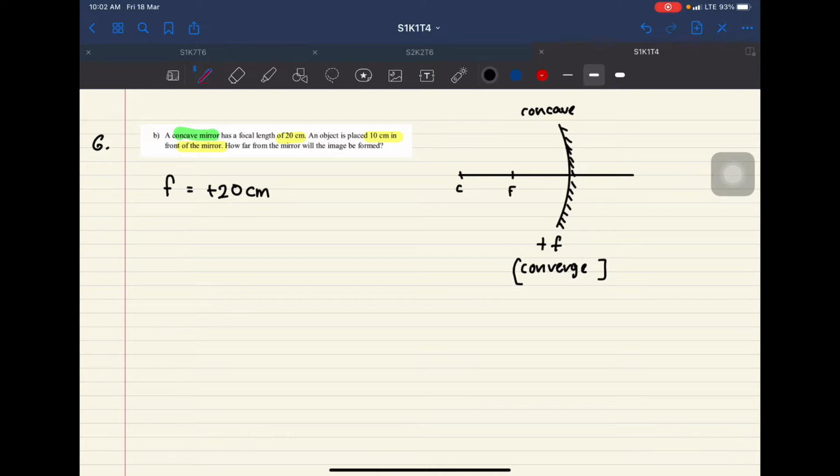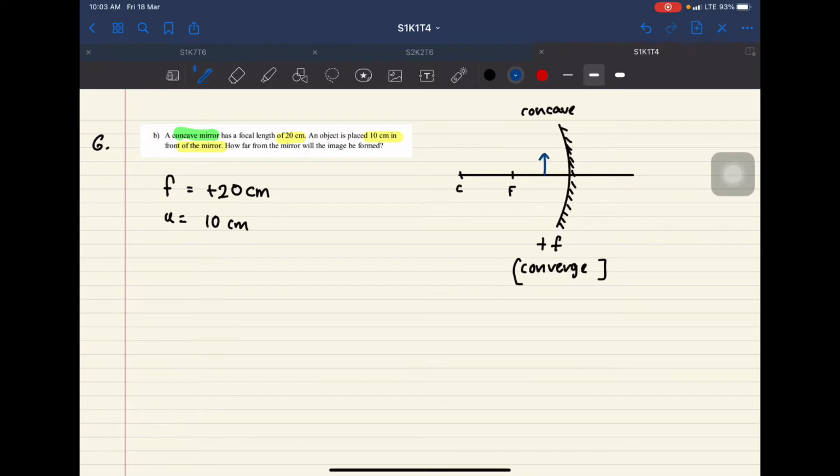So you can expect that if the object is at 10 centimeter, the position would be less than the focal length, maybe somewhere over there.